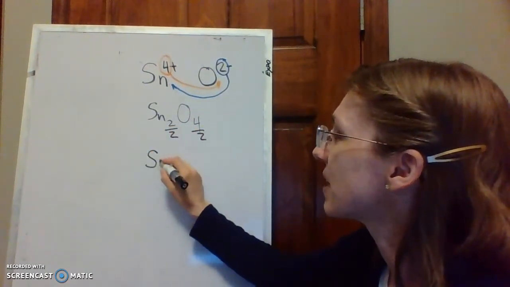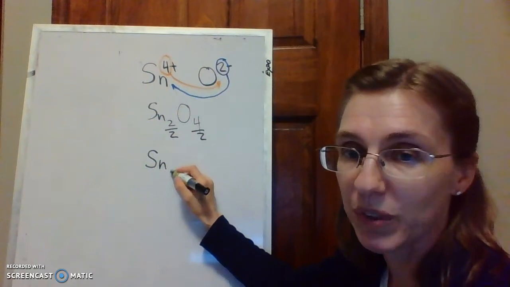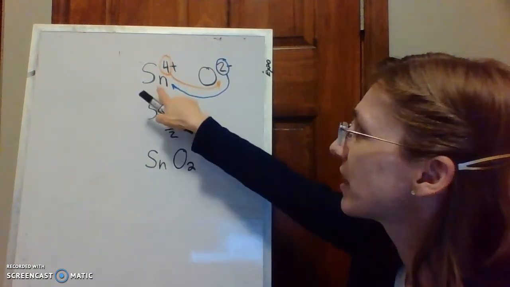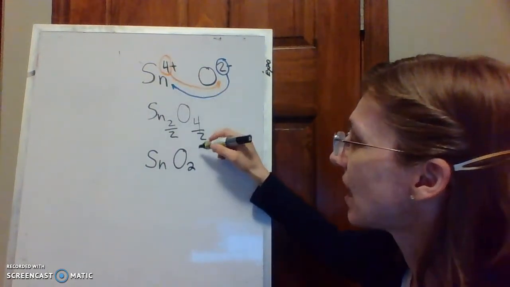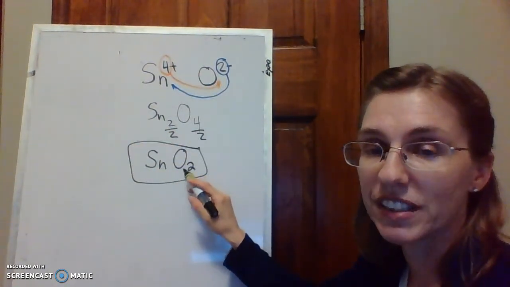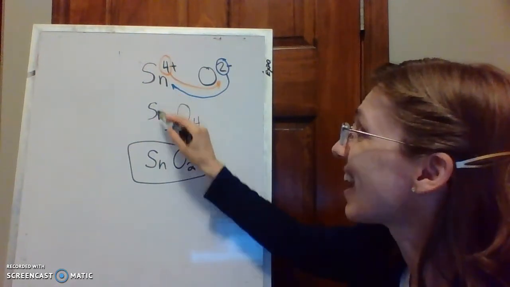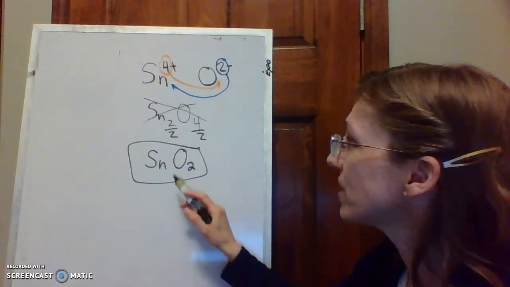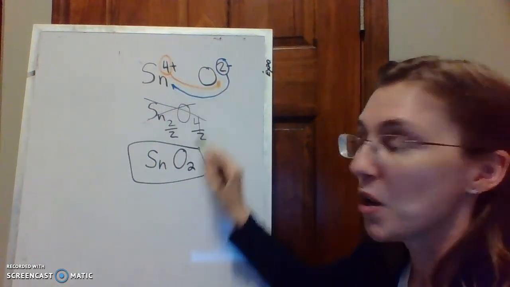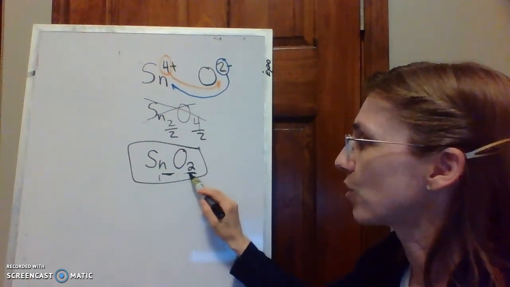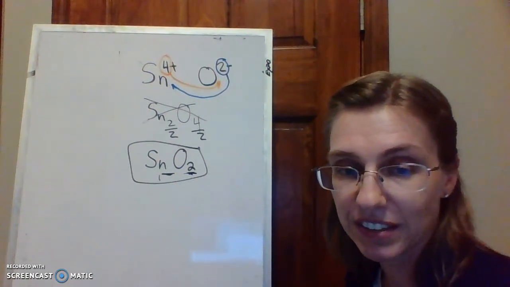So then this becomes Sn1, remember we don't write the 1s, O2. So this is the chemical formula for tin(IV) oxide. It is not the other one. So always do the shortcut, but in the back of your mind, always check to make sure those are the lowest ratio possible.